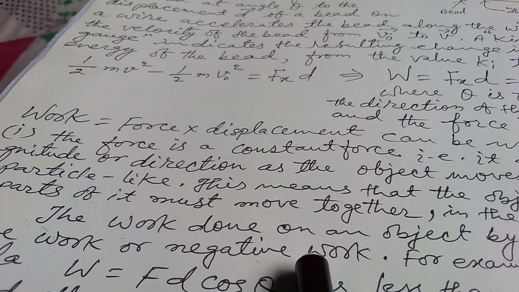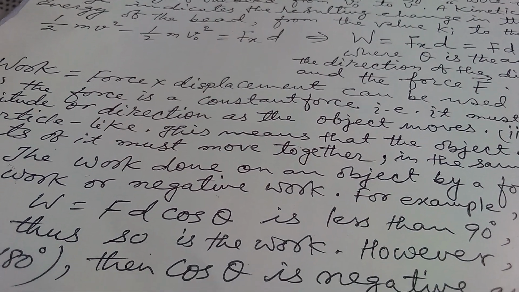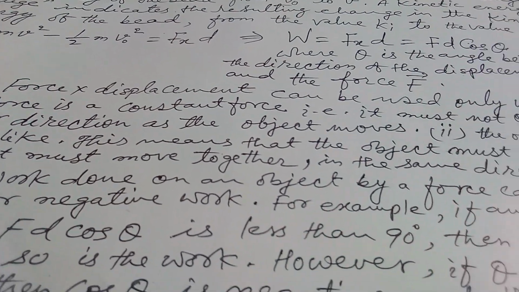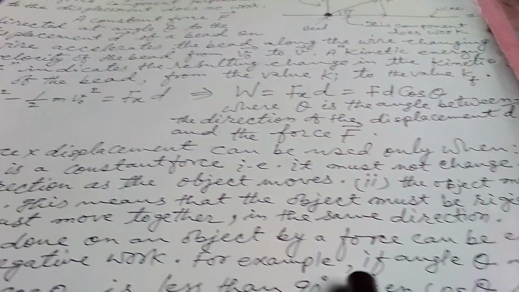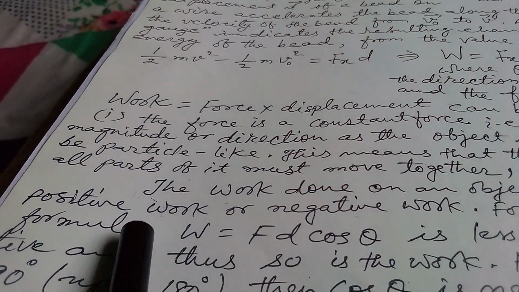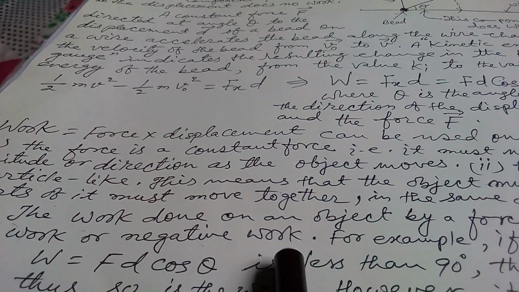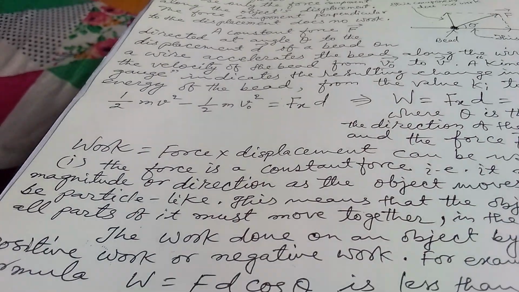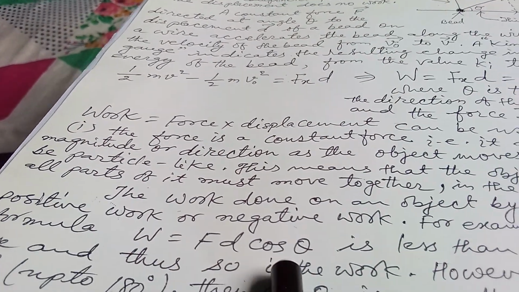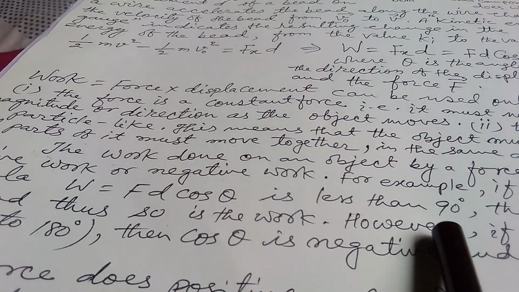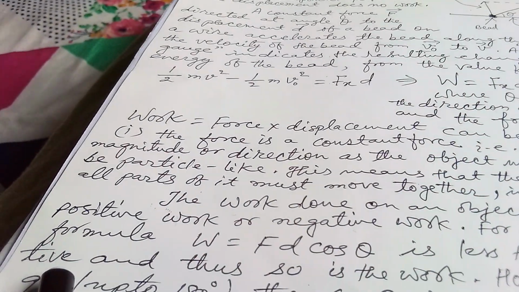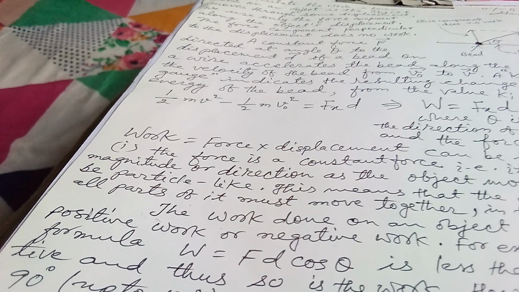So the work done on an object by a force can be either positive work or negative work. For example, if angle theta in the formula W equals F d cos theta is less than 90 degrees, then cos theta is positive, and thus so is the work.